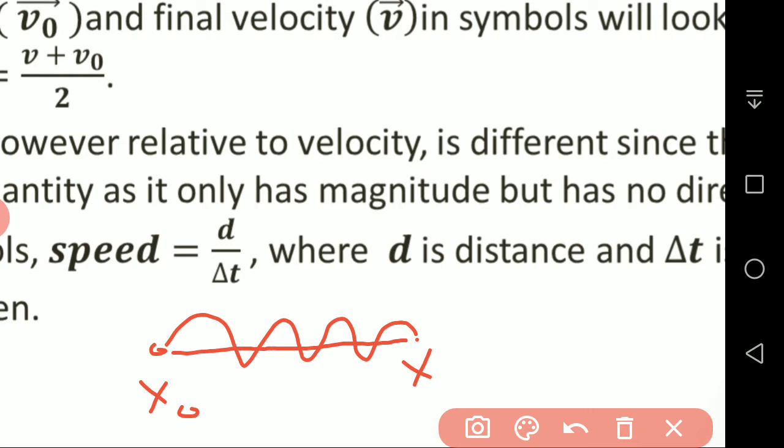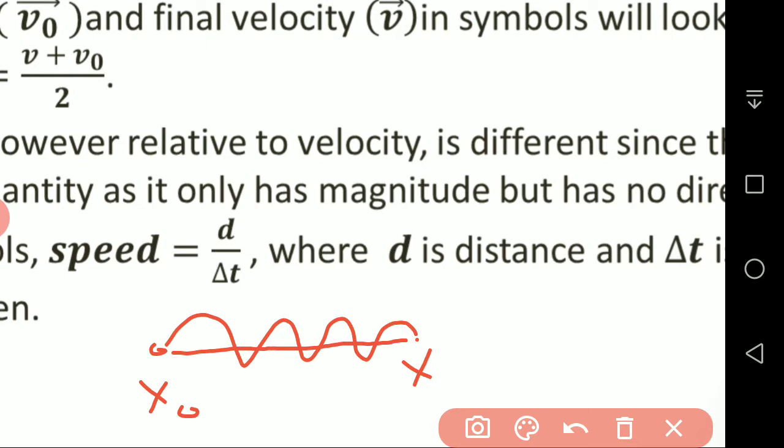Syempre, since paliko-liko ito, ang lalabas na speed mo ay mas mahaba yun. Tapos, i-divide mo sa parehas na unit of time. Mas mataas yung numerator, tapos yung denominator mo parehas.